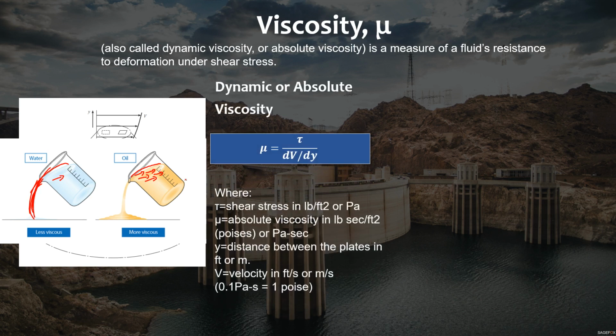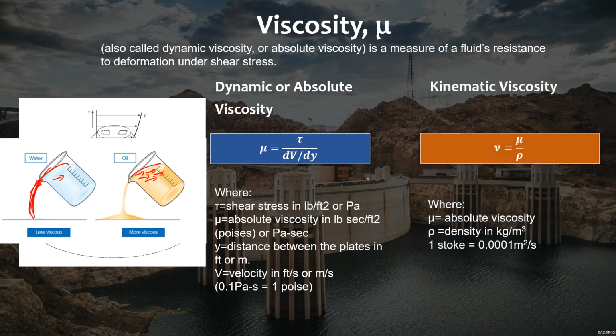So we have an absolute viscosity, which has a general formula of this one, and the kinematic viscosity formula of this one. Okay, so we can use kinematic viscosity when the liquid is already flowing. Okay, but all liquids have their absolute viscosity, and that's what we are going to determine in this discussion.